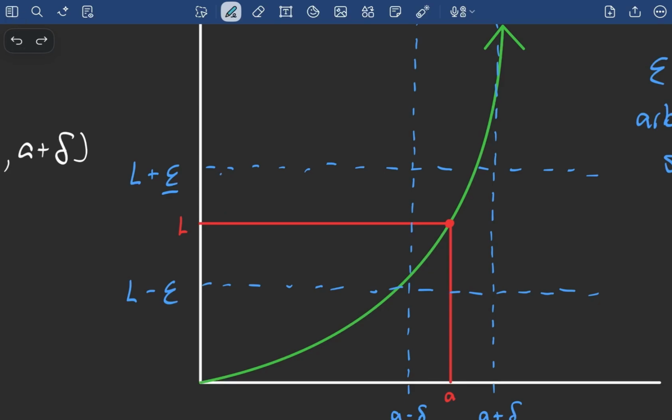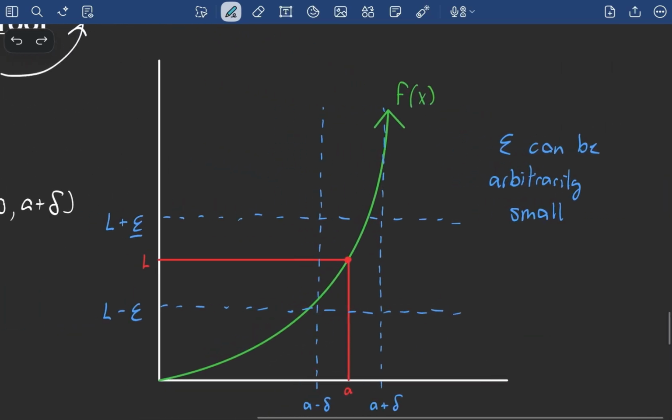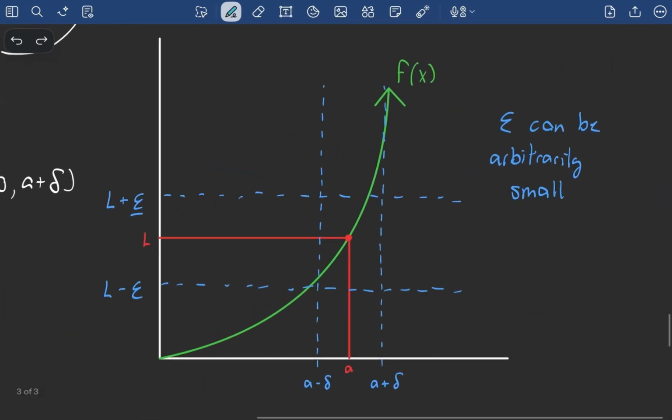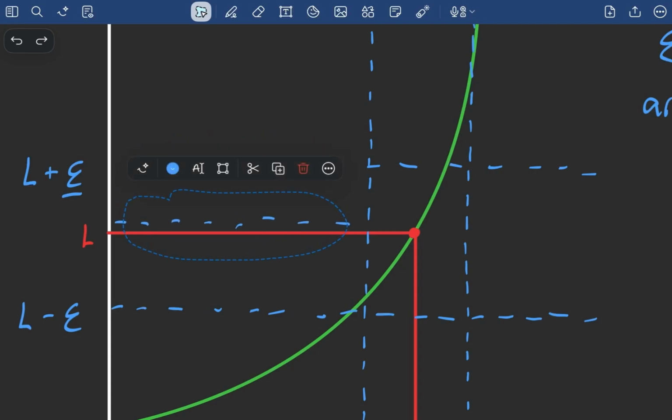There is no space in between. That would just be saying that it's equal to L. And we can't have that because we're trying to prove that it's equal to L. And we can't assume our proofs. So basically, the whole idea of the proof is we're going to move these bars down. We're going to take these bars, move them as close to L as we can.